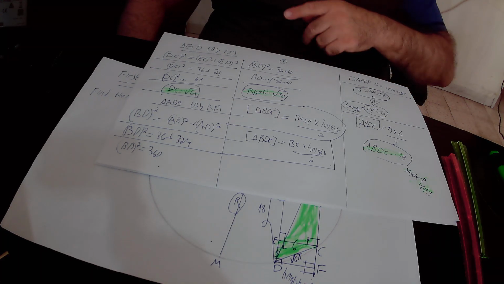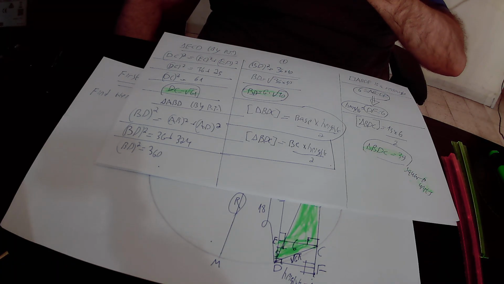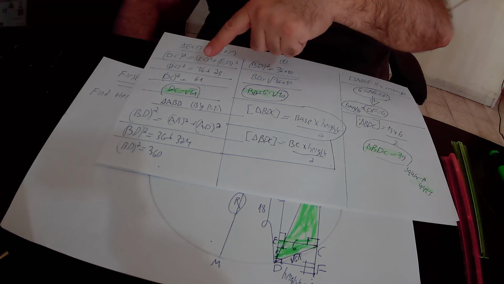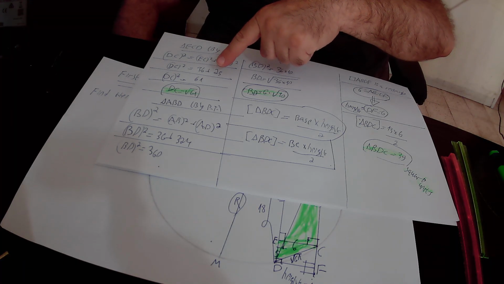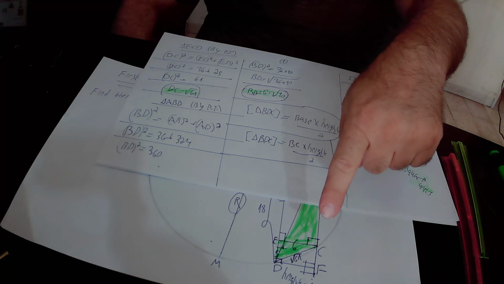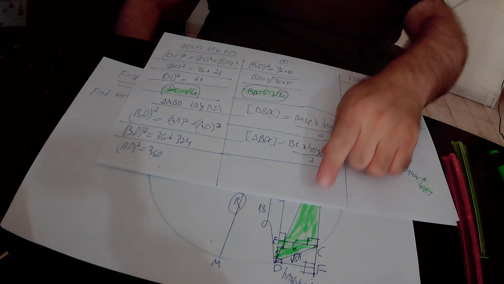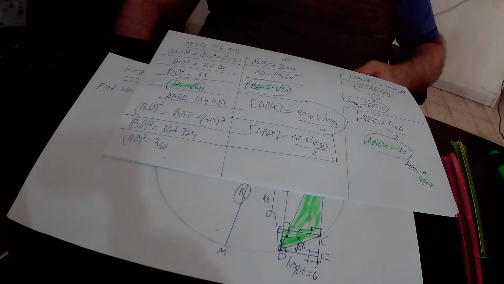In conclusion, DC square equals 36 plus 25. 36 plus 25 is 61, so DC square equals 61. Then we took the square root of this equation and found out that DC, the hypotenuse of the small triangle EDC, equals the square root of 61 units.